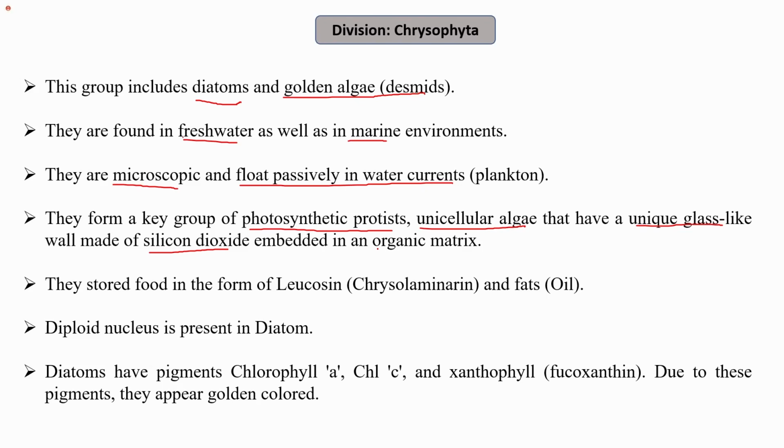The cell wall of division Chrysophyta is made up of silicon dioxide, due to which it is really hard and difficult to destroy. Therefore, it helps protect the organism from predators as well. They store food in the form of leucosin and fats.